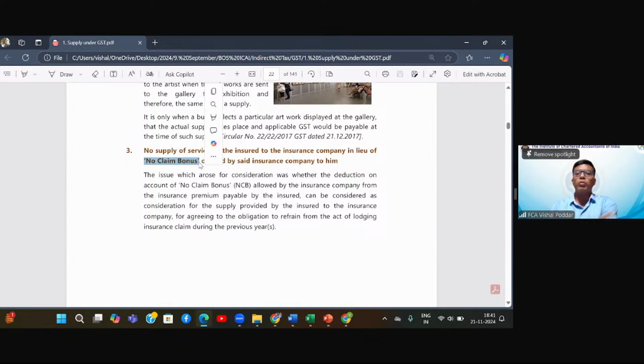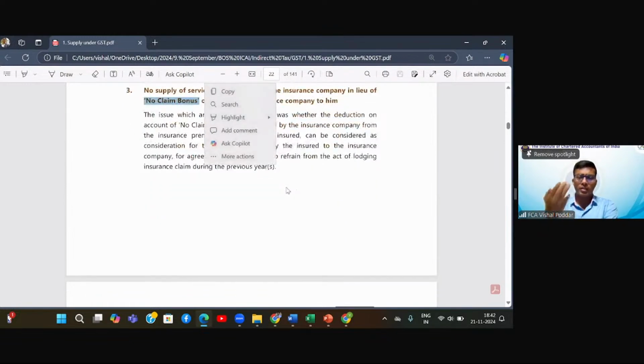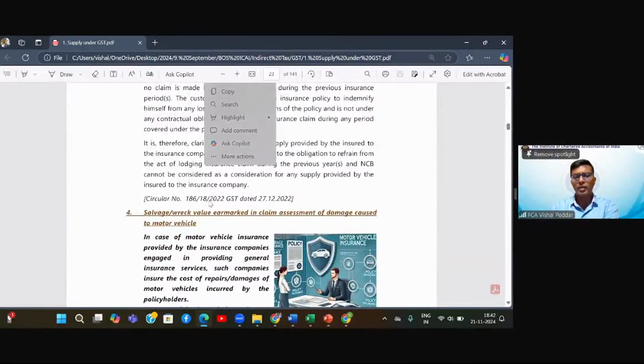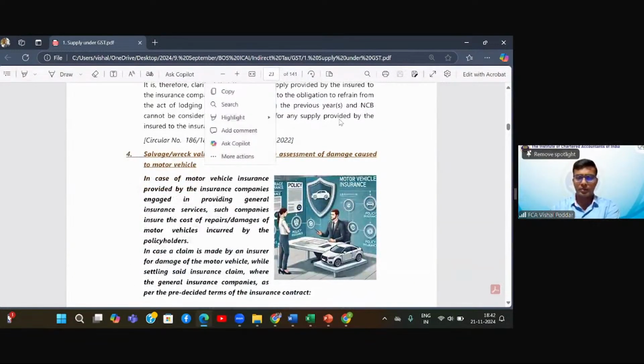So just to push me to buy the policy for the third time, they have come up with this marketing gimmick, like how different businesses do. This is how insurance policy does. So when they are saying that they are giving me this incentive or bonus, practically there is no supply. It is a discount, which is wrapped in the name of bonus or incentive. Again, this has been clarified by this circular.